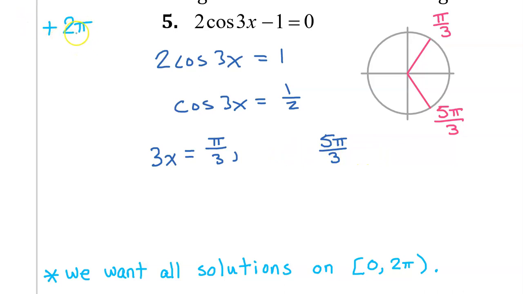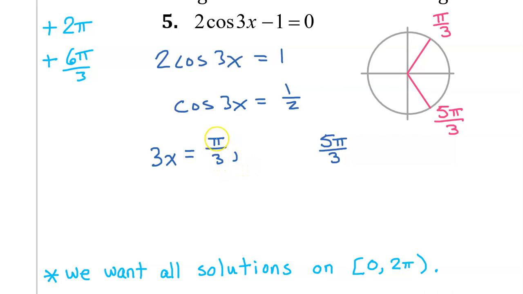The key is to add 2 pi. We know that adding 2 pi takes you all the way around the unit circle and back to the position where you started. So that will always give you another solution. Adding 2 pi is the same thing as adding 6 pi over 3. I'm going to think of it this way so we automatically have like denominators.